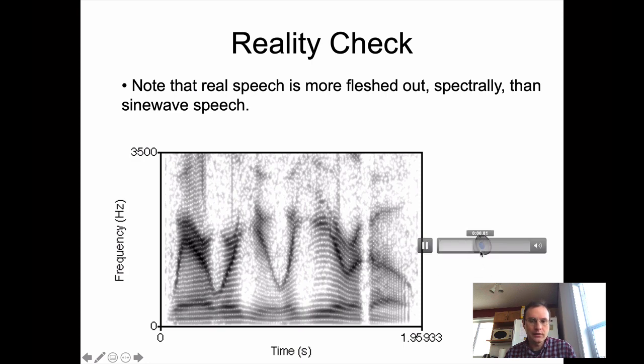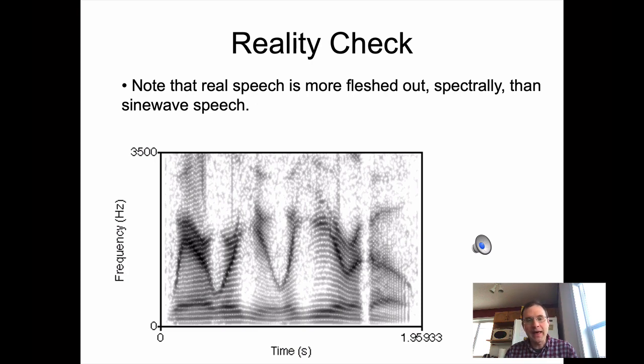"Where were you a year ago?" You can't hear it as such when you listen to that speech sample, but it bounces up and down really quickly, and it spans a range of like 8 or 10 different harmonics as it goes up and down. And then those specific harmonics will change depending on what the F0, or the fundamental frequency, is.